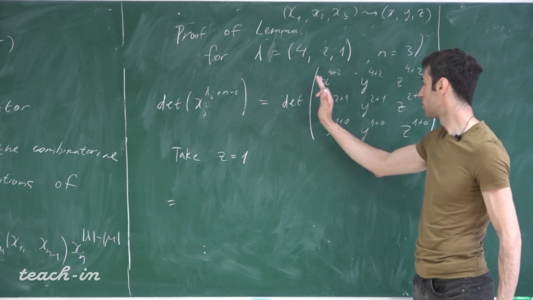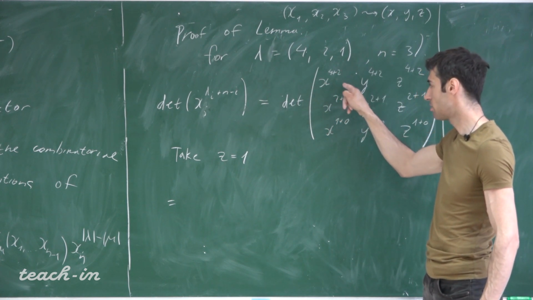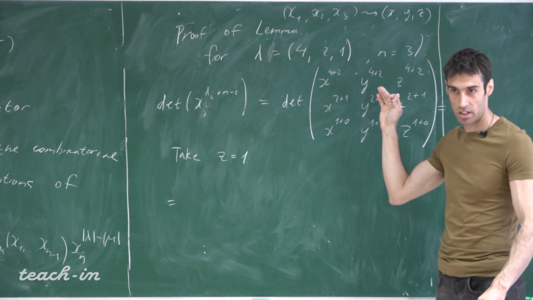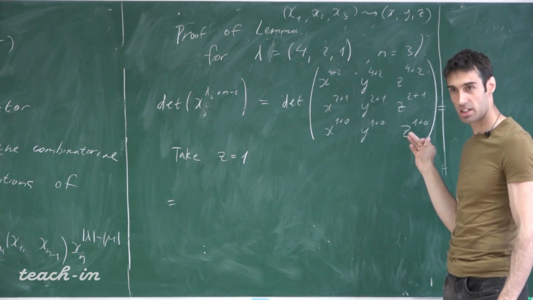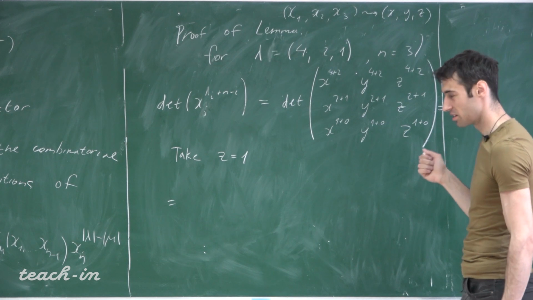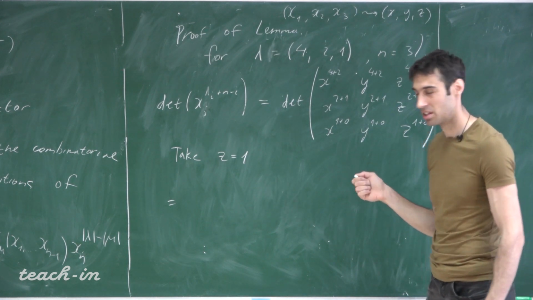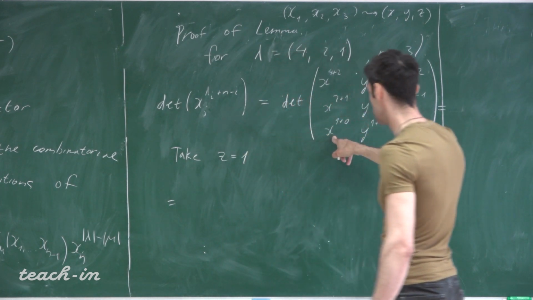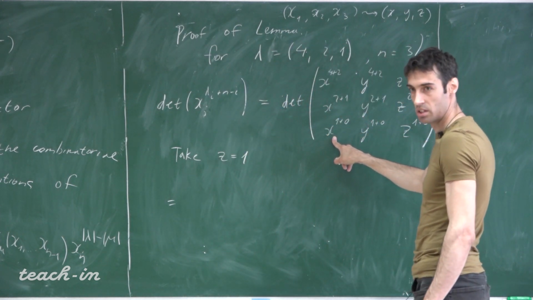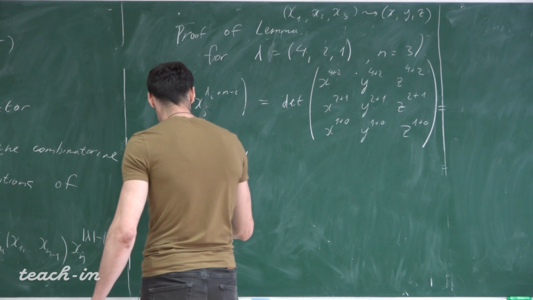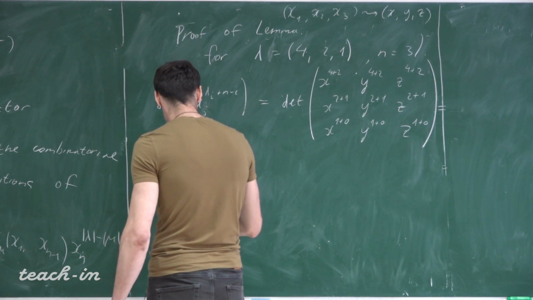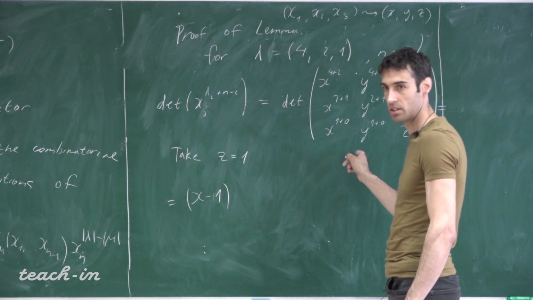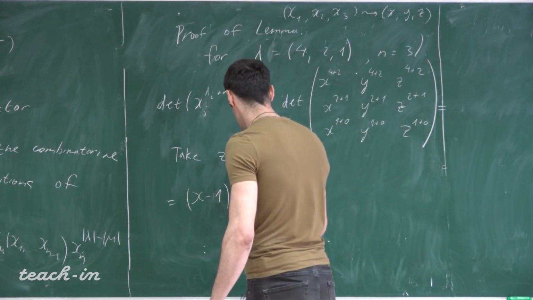Subtracting from this, I will have x to some power minus 1. I can factor out x minus 1 from the first column, and similarly from the second one, y minus 1.